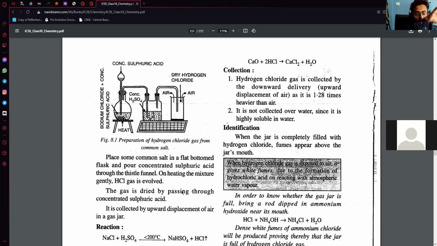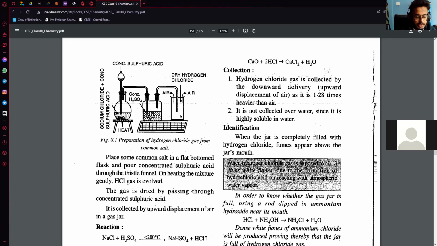HCl gas that comes through the tube is dried using concentrated sulfuric acid because it is a good drying agent. Then the gas that is free from water comes out, goes through the tube and gets collected in the collecting stage by the upward displacement of air.